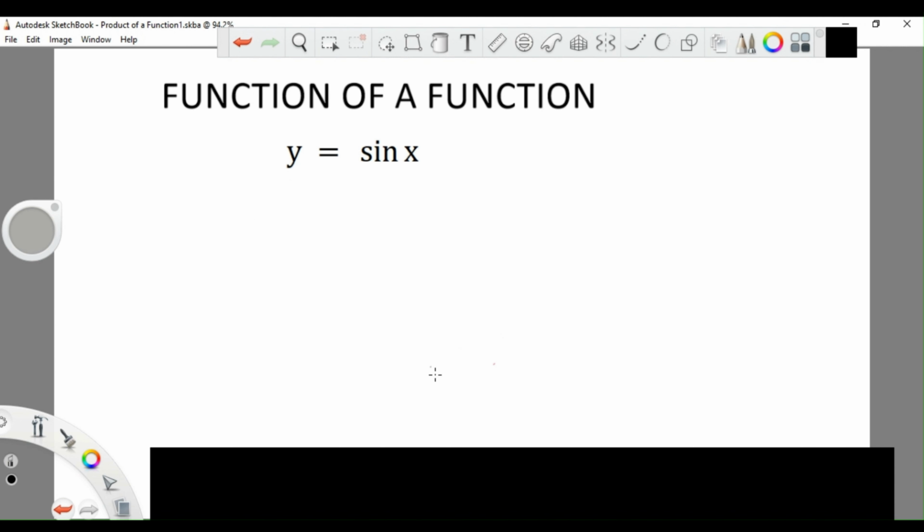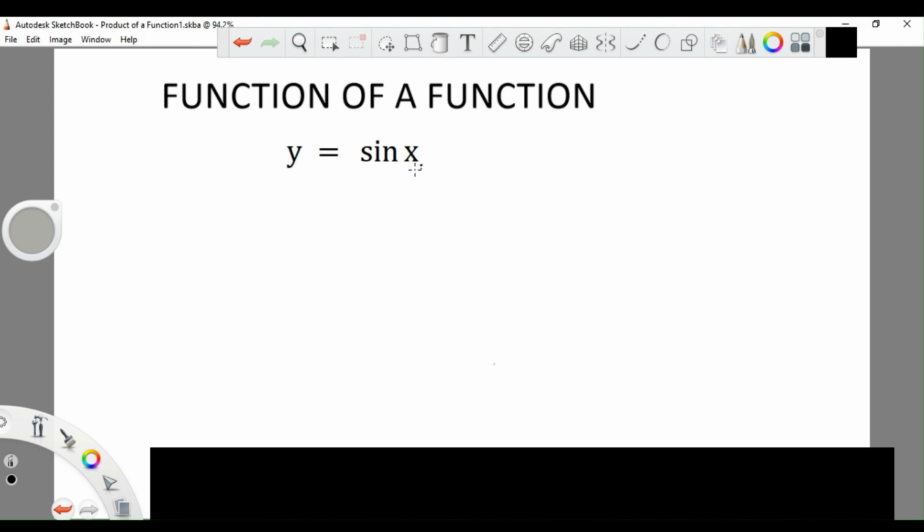Function of a function is of this form, where you have y equal to sine x, for example, where y is a function of the angle x. This is so because y depends on the value of x.